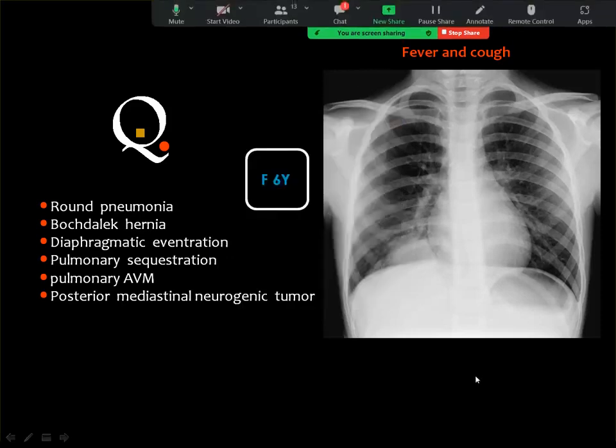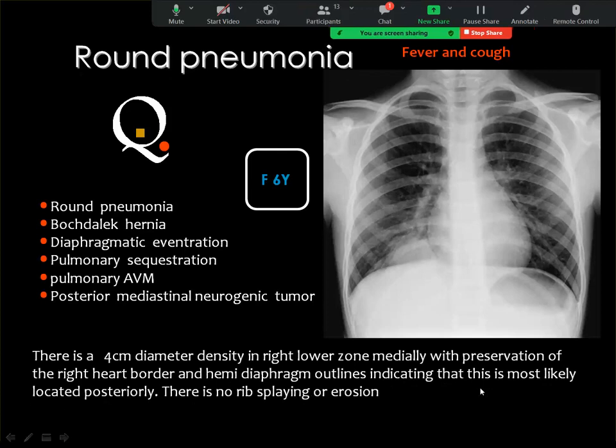The correct answer is round pneumonia, and you know that round pneumonia may simulate a pulmonary nodule or pulmonary mass. Actually, the air bronchogram is not that clear in this type of pneumonia, and it is diagnosed by the clinical data.